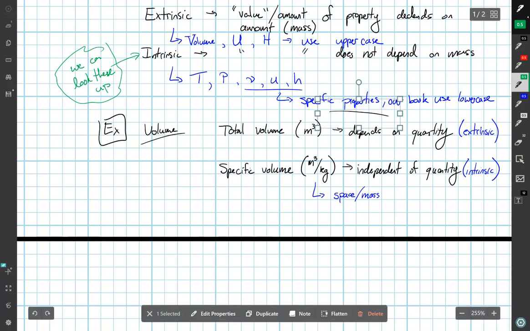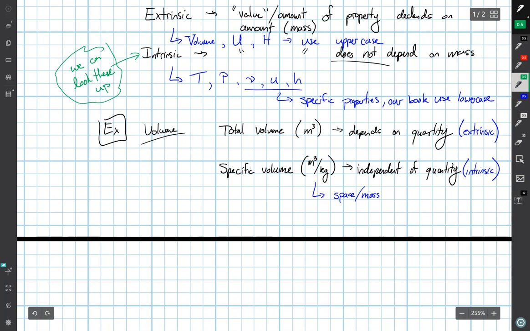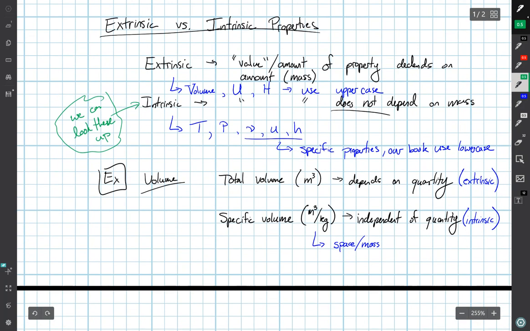It doesn't matter if we have one problem or another problem, those are intrinsic to the quantity. So those are going to be things that we can look up, say, in thermodynamic tables. Extrinsic properties, we have to calculate. And we would have to calculate those specific to each individual problem, or we would have to be given those specific to the individual problem. We can't look up extrinsic properties because those are going to change depending on how much of a substance we have.